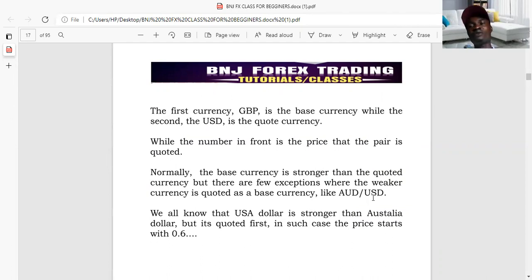One should know that USD is stronger than the Australian dollar. We all know that USD is stronger than the Australian dollar, but it is quoted first. In such a case, the price starts with 0.6.